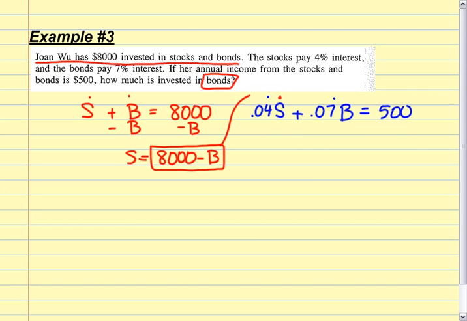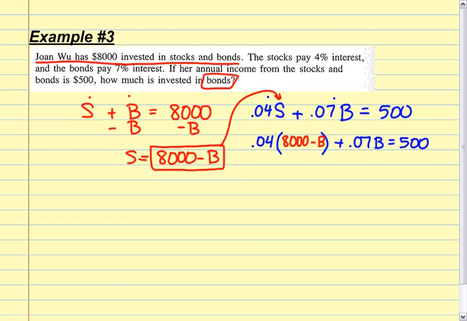I'm going to plug it in for S. So I'm going to get 0.04 times, not S, but what S equals, 8,000 minus B. Now all I have over there in the blue equation is B's. That's good. Plus 0.07B is equal to 500.